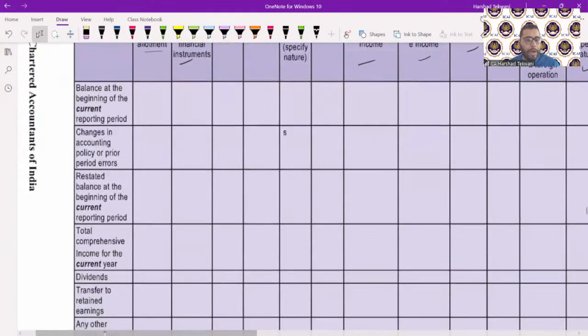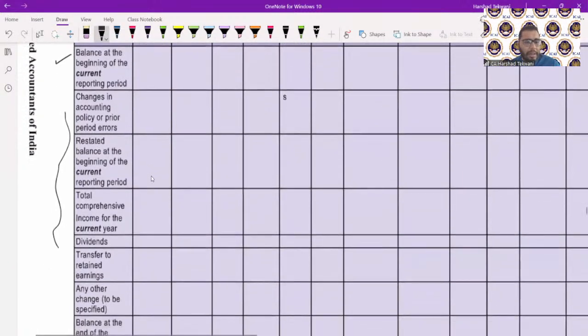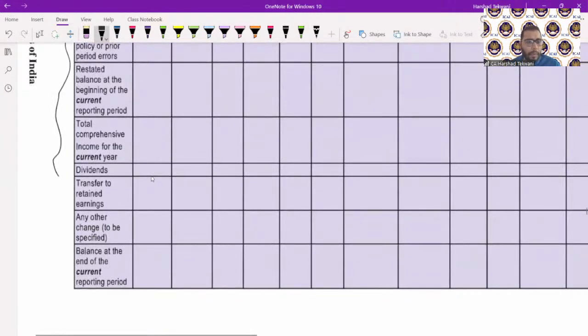This is for the current period, meaning the balance at the start of the current year, then the changes during the period, and this is the closing balance.